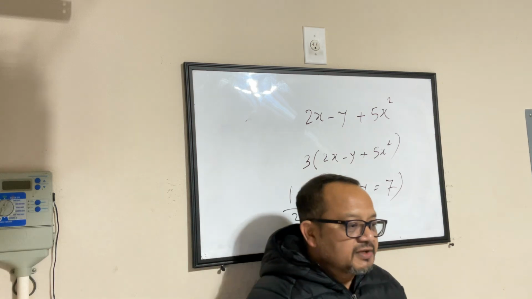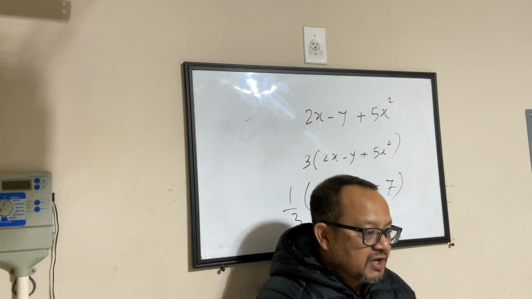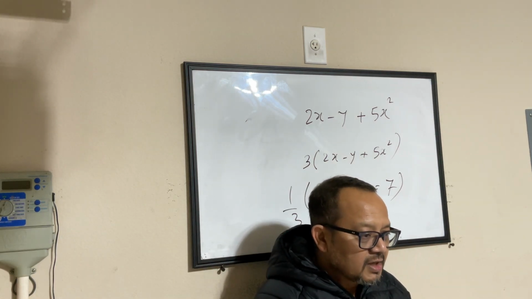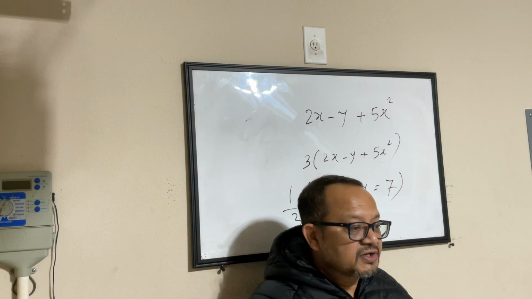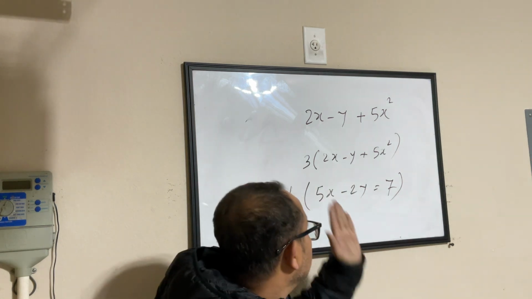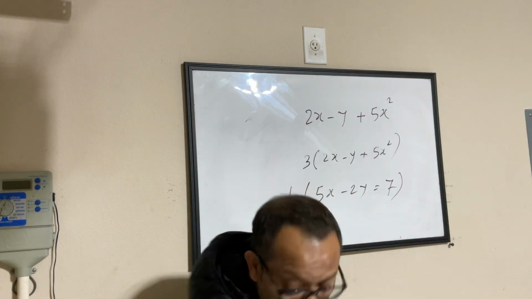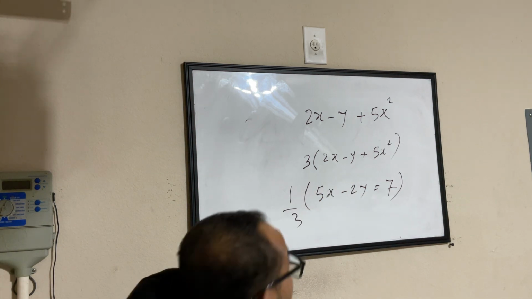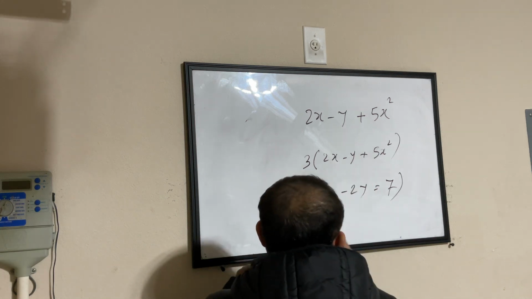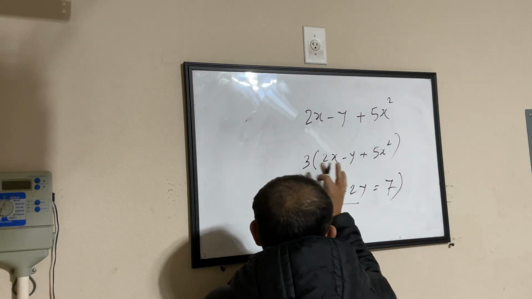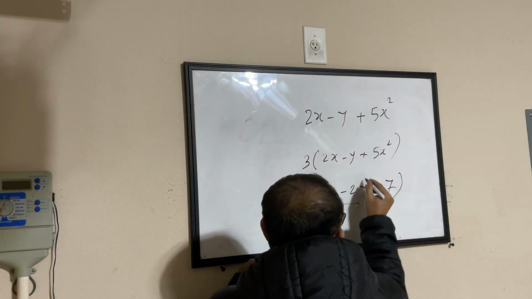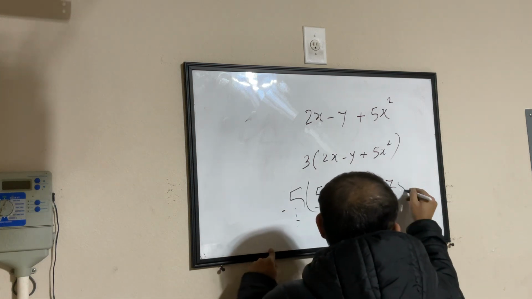So that is the most important thing that we need to keep in mind. When you have an equation or expression, you can multiply or divide that by any number. The only word of caution I would say is don't multiply this part by 5 and multiply this part by 3.